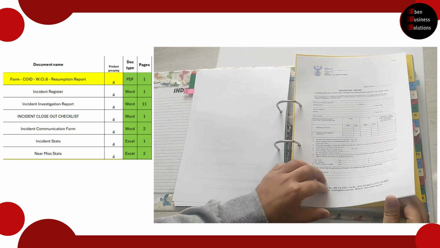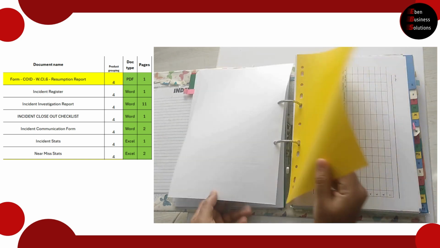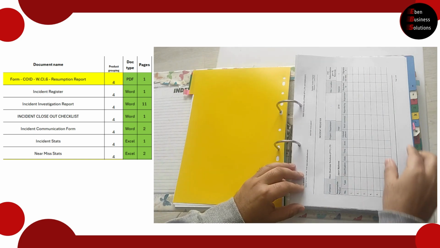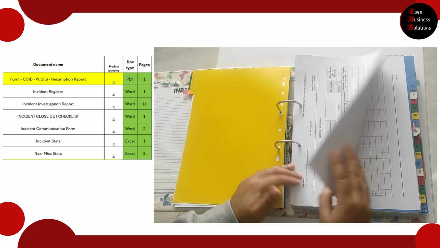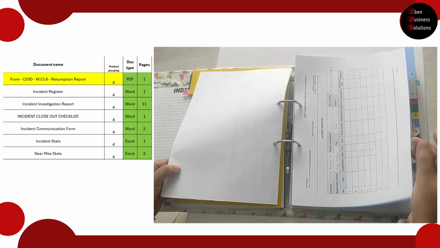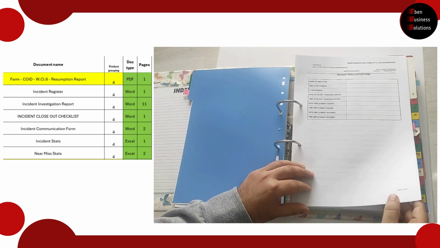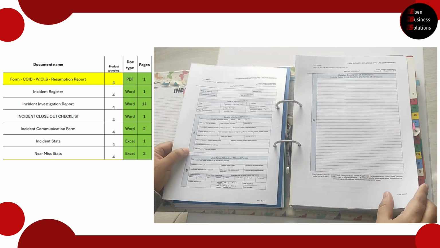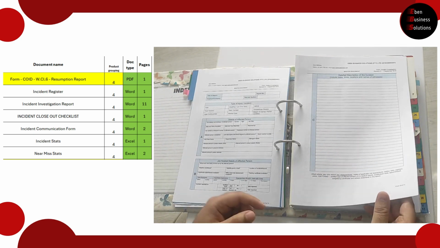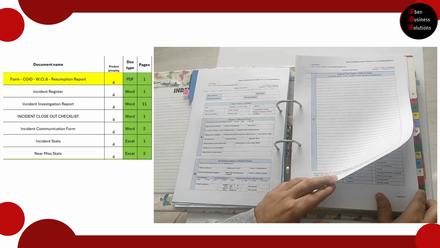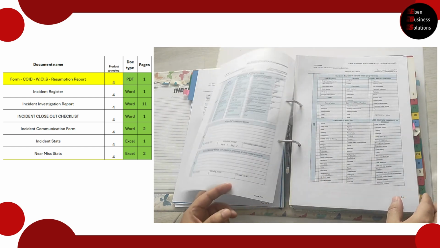This is the resumption report that you send to the Department of Labor. Then you have an incident register for each year. Then you have an incident investigation form. This is the template that you'll use as you gather the information.